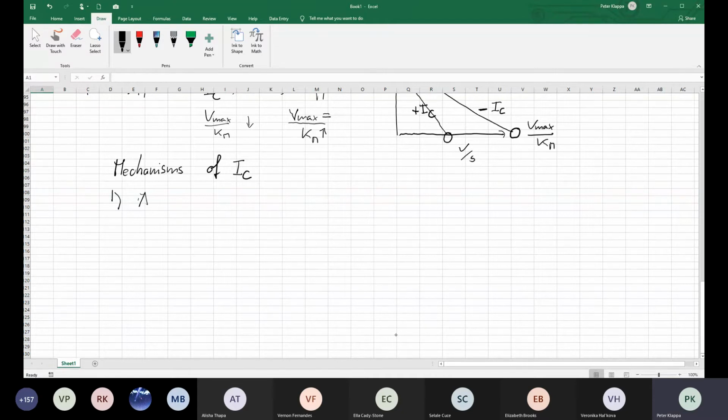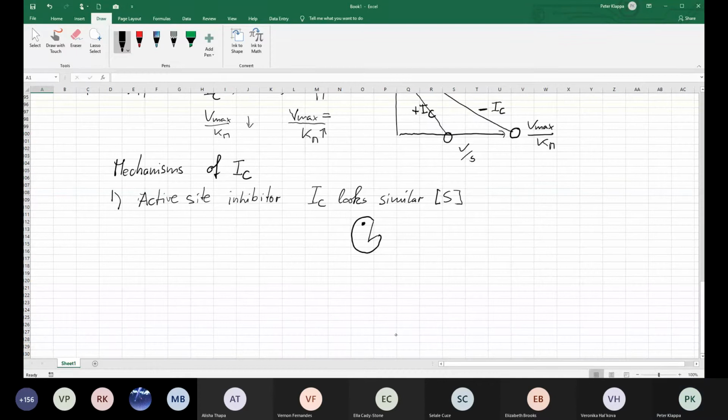This is an active site inhibitor. So if the inhibitor looks similar to the substrate, then it sort of can pretend to be like the substrate. So the normal substrate would fit here.